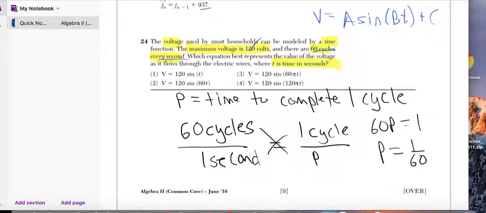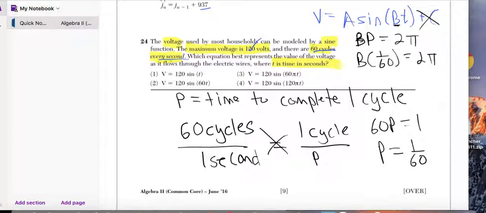Now, the b value is the frequency. So since this is 0, we don't need this part, all right? This is called the frequency. b times p is always equal to 2 pi. So the frequency times the period, which is 1 over 60, is equal to 2 pi. Multiply both sides by 60, and you will eliminate the 1 over 60.